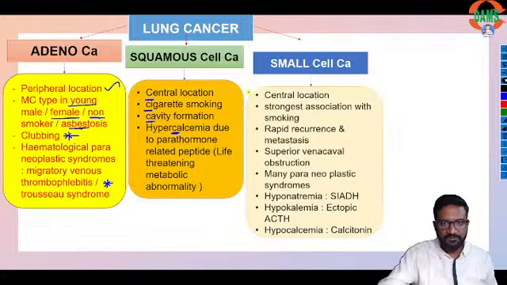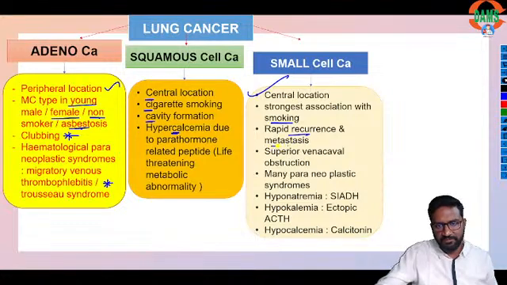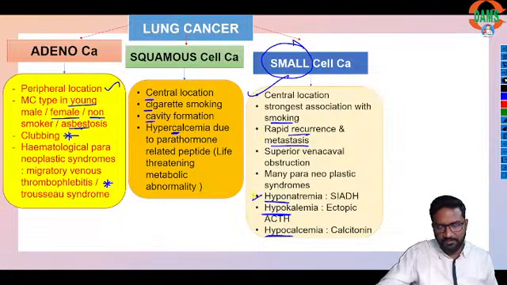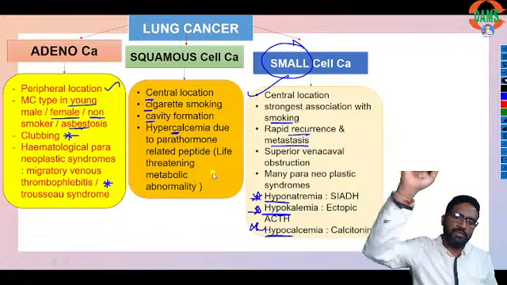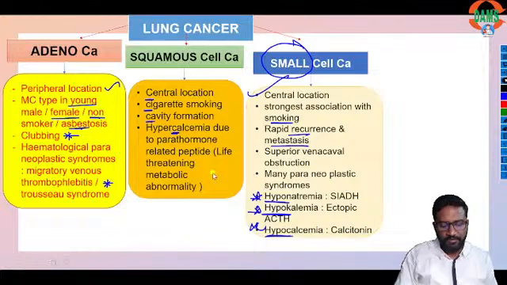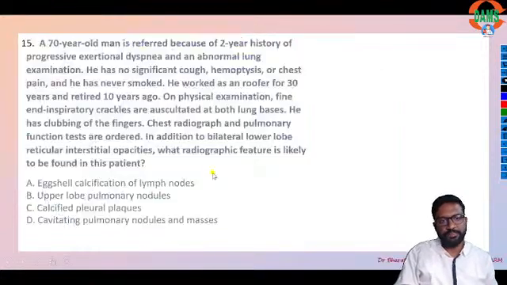Then small cell: central, strongest association with smoking, rapid recurrence, metastasis, both chemo and radiosensitive. All the hyponatremia, hypokalemia, hypocalcemia. Small means less, hypo means also less. This is a very, very important differentiation. If you see hypo, it is small. If it is hyper, it can be squamous cell carcinoma.